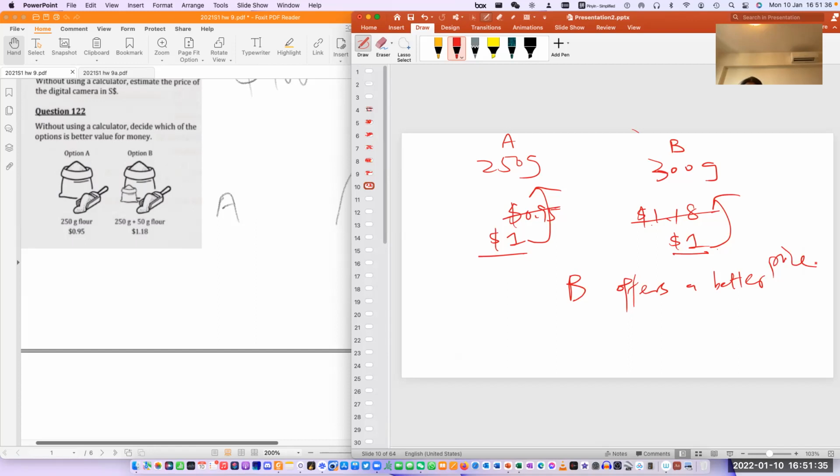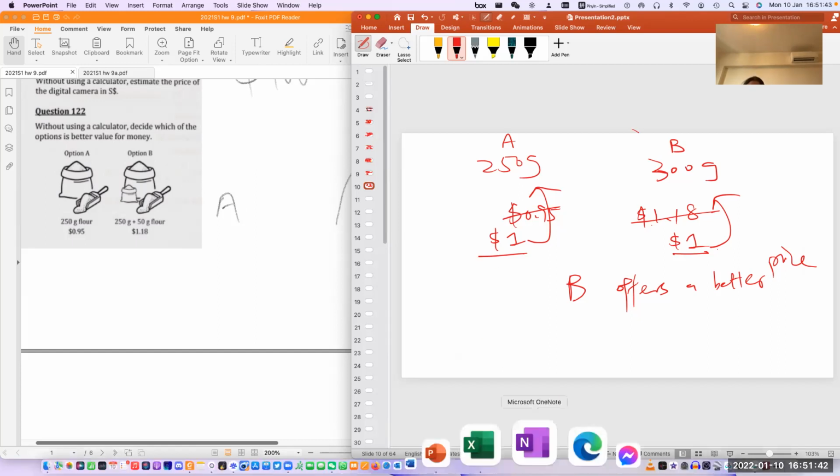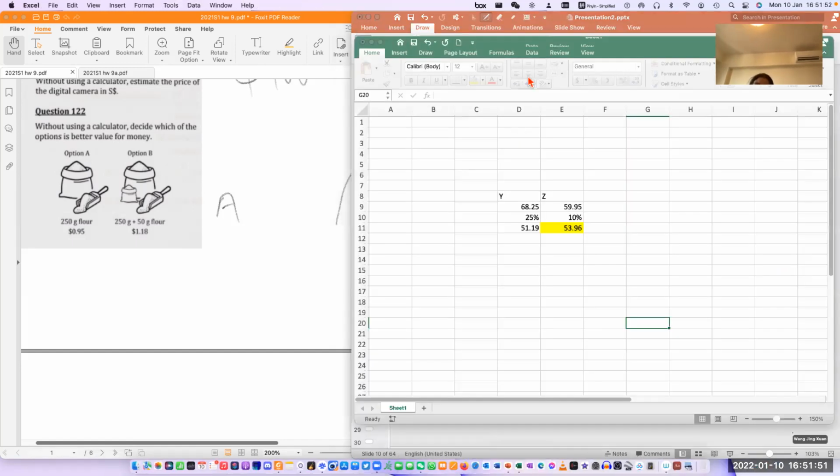Does B offer a better price? The answer is A. So how? Let's use a calculator to verify.